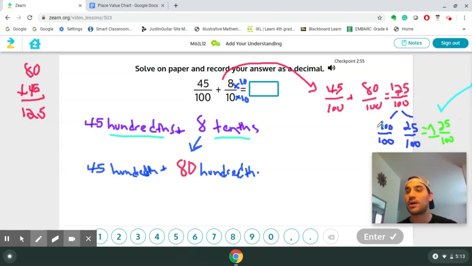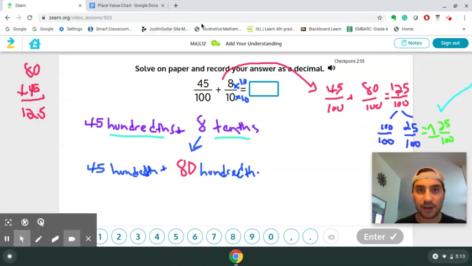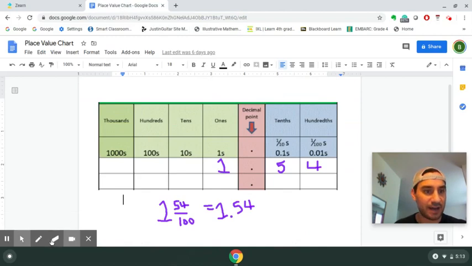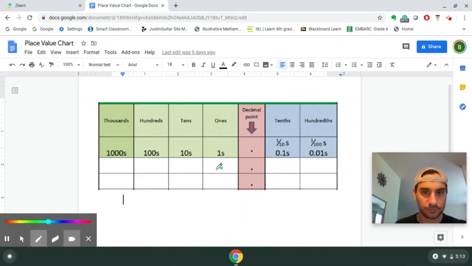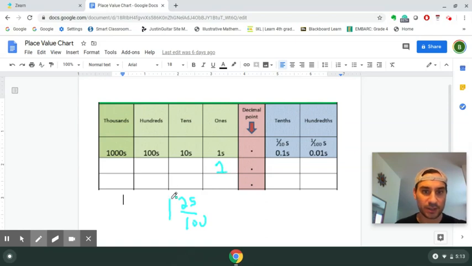What if I'm also looking for my answer in decimal form? Well, let's come over to our place value chart and double check. 1 and 25 hundredths. We have 1 one. That's our whole number.